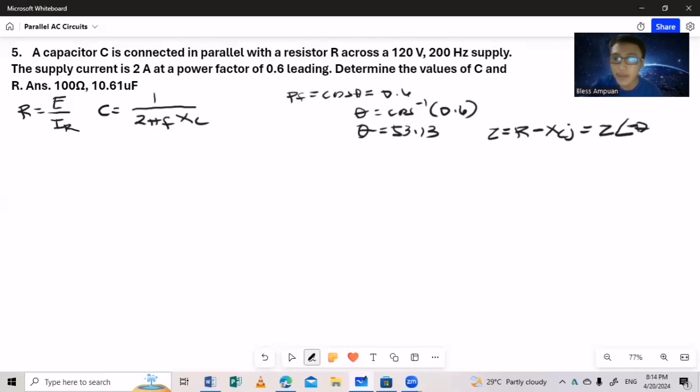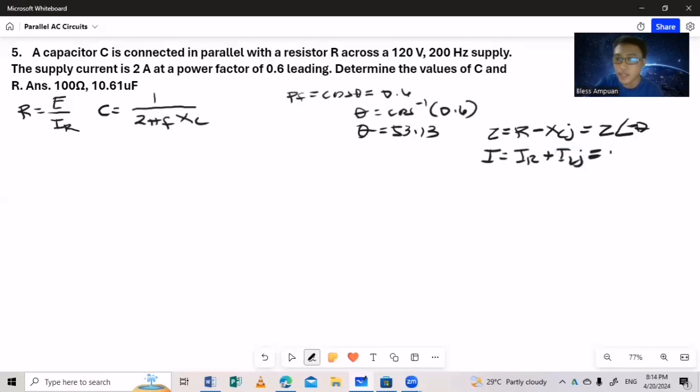Now, in terms of current, the total current is equal to I sub R plus I sub C. So it's a matter of different signs compared to the inductor and resistor connected in parallel, or RL parallel circuit. So just check the comparison of the two.